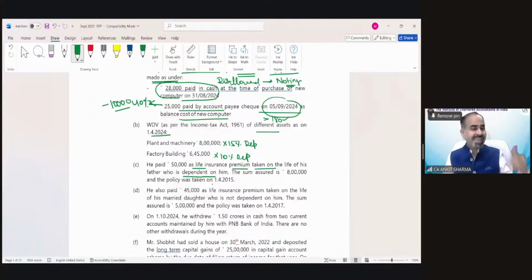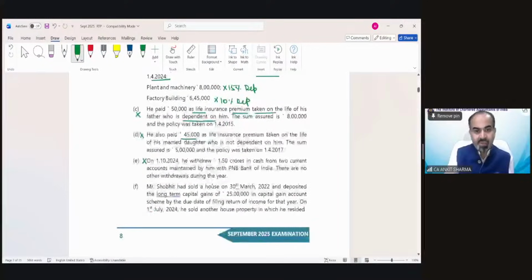Because these are additional information, no impact has been on the net profit declared above, so we do not need to do anything for it. No insurance treatment we will do. Withdraw cash, nothing to do. He sold a house property, so that is again no treatment in my PGBP.